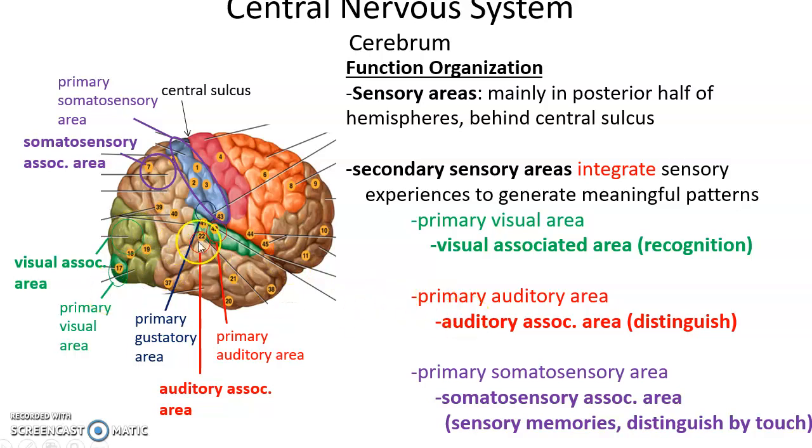The auditory association area helps you distinguish between sounds. So it's not just one big bah, but an actual different sound. The somatosensory association area helps to distinguish things by touch. So if you close your eyes and touch something, you can start to figure out what it is because of that area. And it also is involved in sensory memory formation.